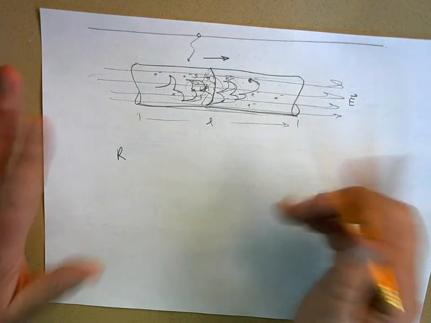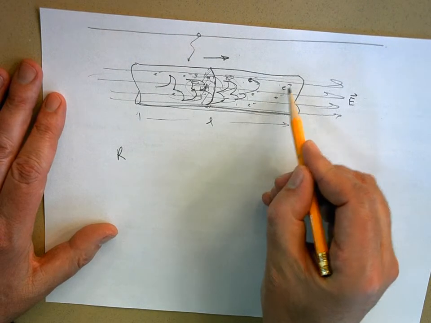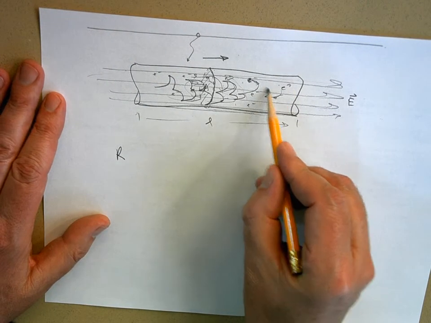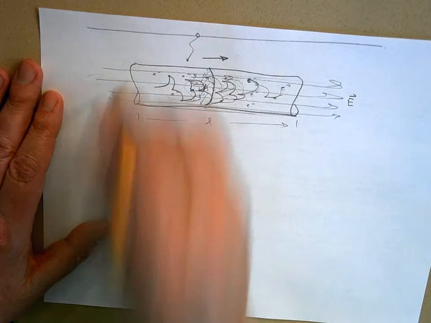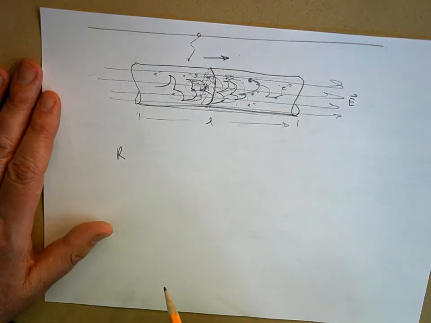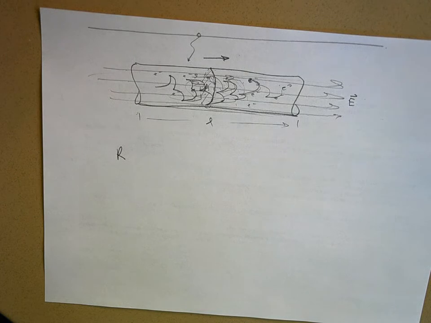Let's follow one electron. If the wire is twice as long, it's going to bash into twice as many atoms getting from here over to here. Does that make sense? The longer the wire, the more obstacles are in the way of the electrons that want to move. And so you have more resistance to the flow of charge.